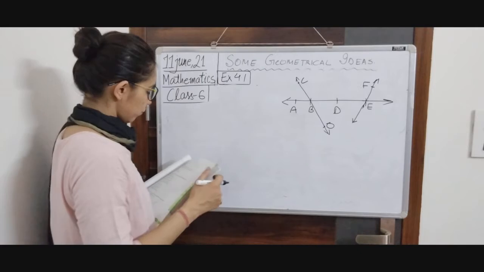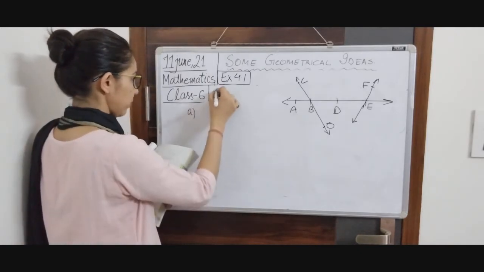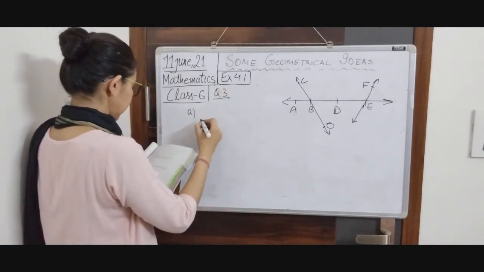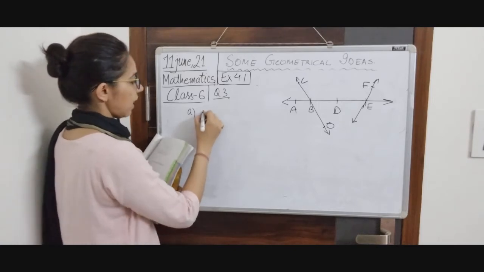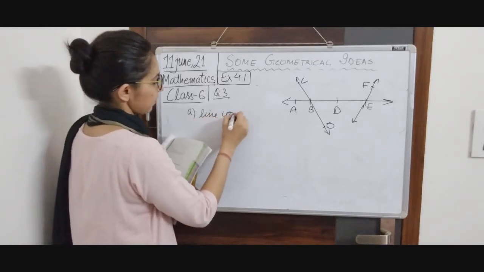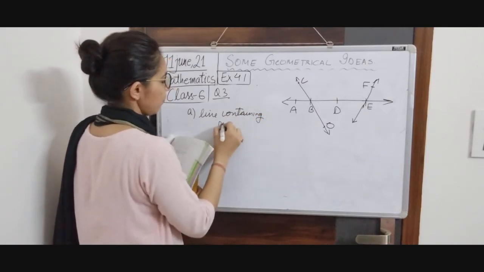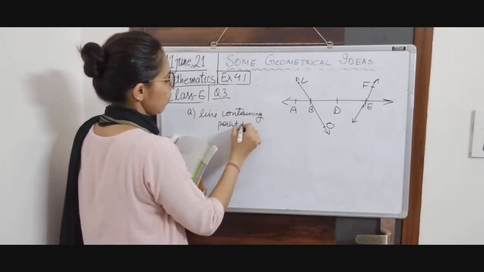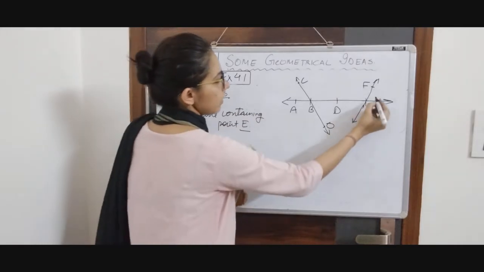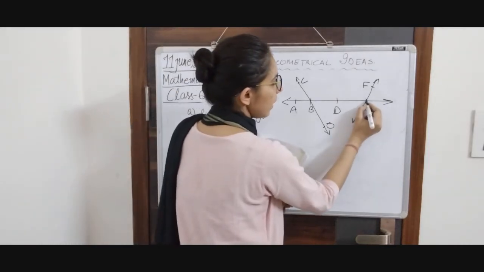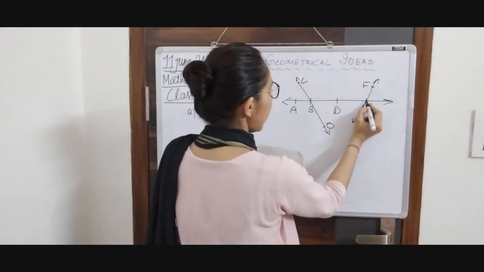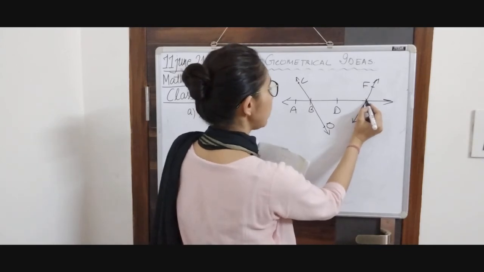We have to first tell question number 3. Line containing point E. First we will locate point E. Where is point E? Okay. Now we will tell a line which has this point also.